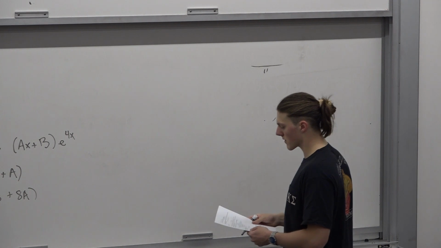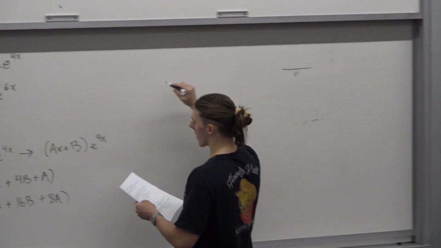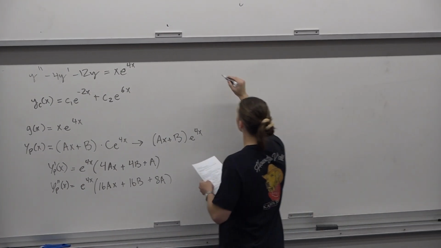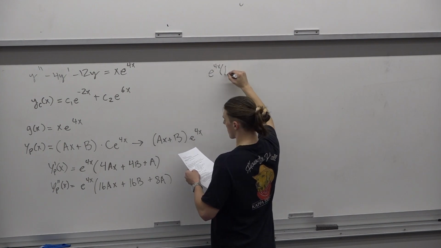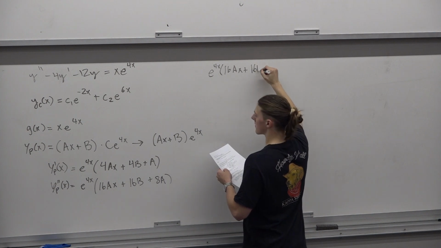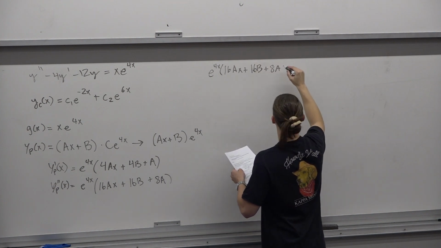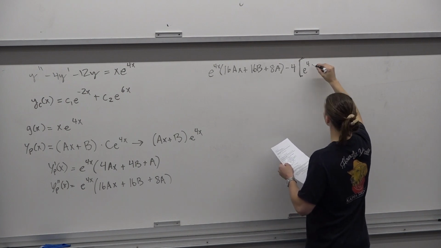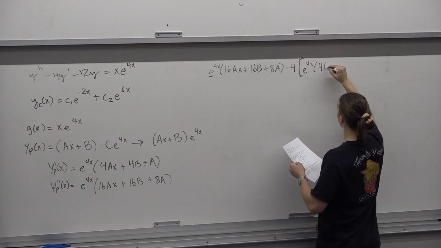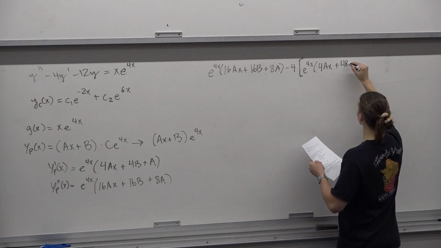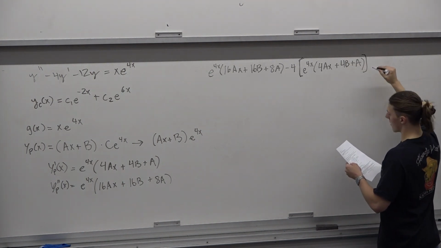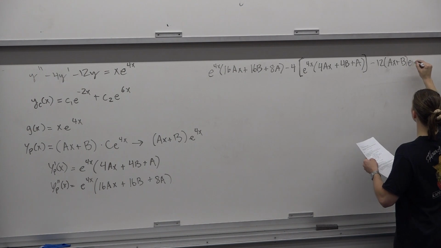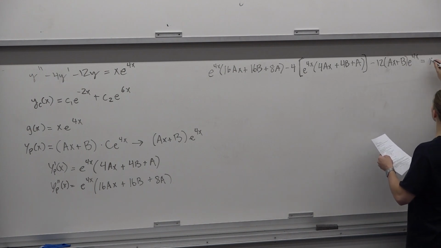Let's find our solution. We're plugging it in: for y double prime, e to the 4x times (16ax plus 16b plus 8a), minus 4 times e to the 4x times (4ax plus 4b plus a), minus 12 times (ax plus b) e to the 4x, equals our g of x from the start.